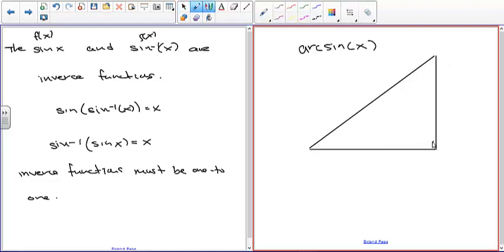Okay, so that's 90 degrees. Let's say theta. Theta is going to be the arc sine of x. So this is theta. And what we're going to do is make the length of the opposite side be x, and the length of the hypotenuse 1.